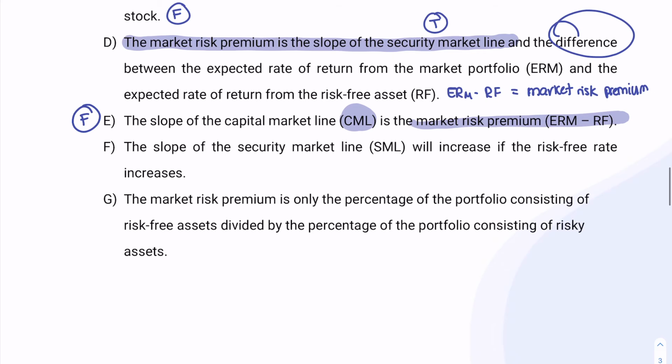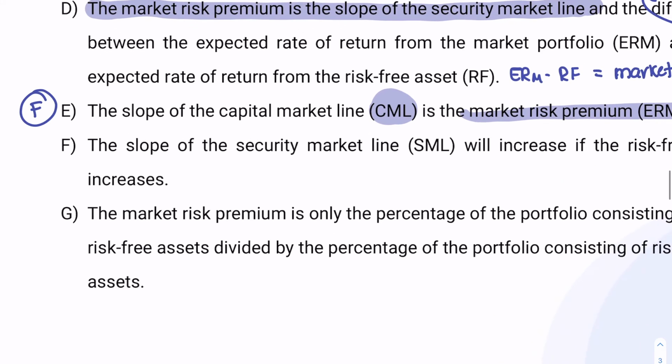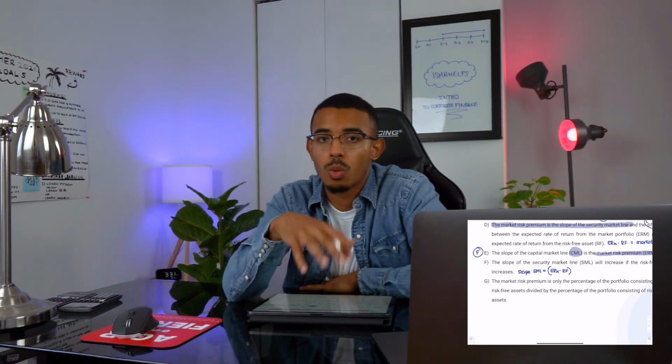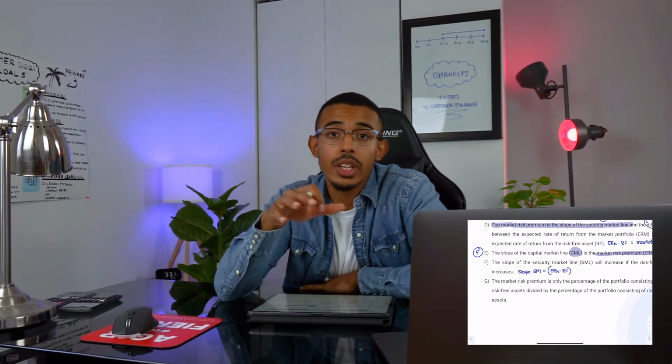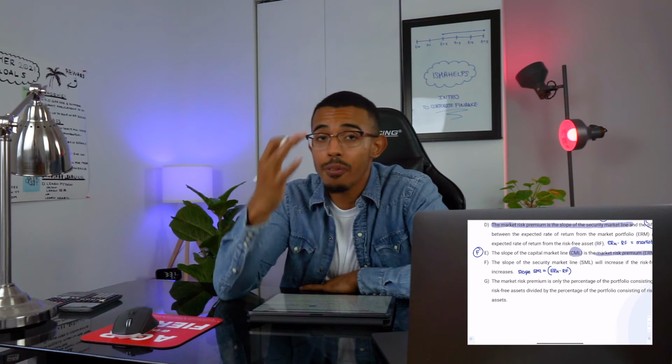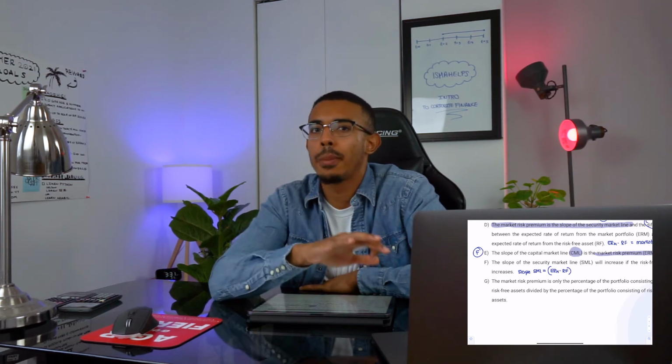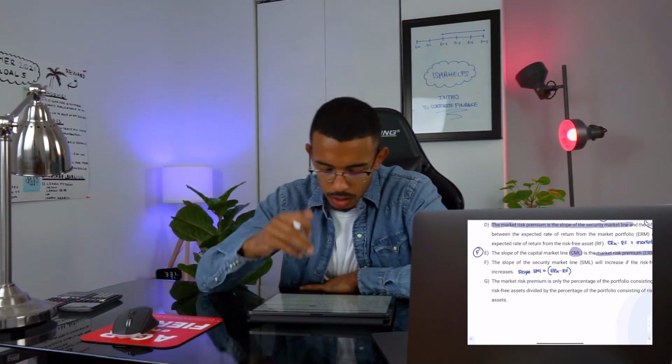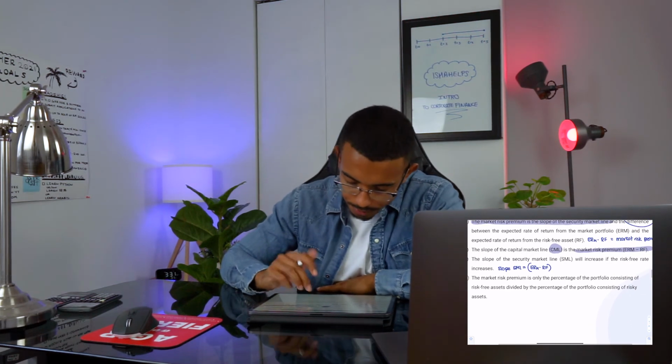Now, this is really interesting because we know that the slope of the SML is equal to the market risk premium, which is ERM minus the risk-free rate. So we definitely know that if we have a risk-free rate within our slope, something's definitely going to happen to our slope if something happens to the risk-free rate, RF. Well, let's see what happens.